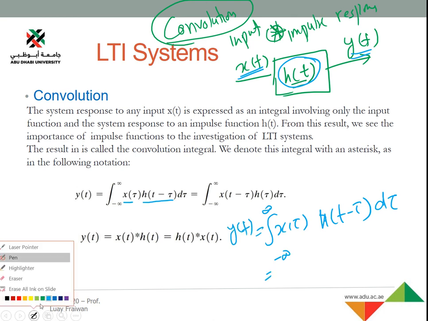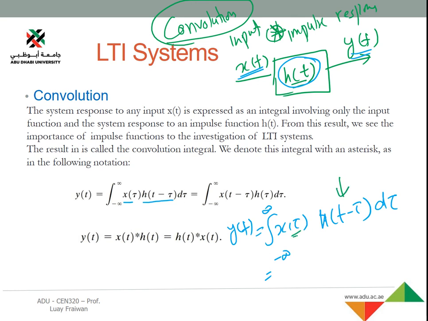Here there is one very important thing: the shift could be in the impulse response or in the input. Because this is a linear time invariant system, I could also have x of t minus tau times h of tau d tau. Whether I bring the shift in the input or the impulse response, the output will not change.